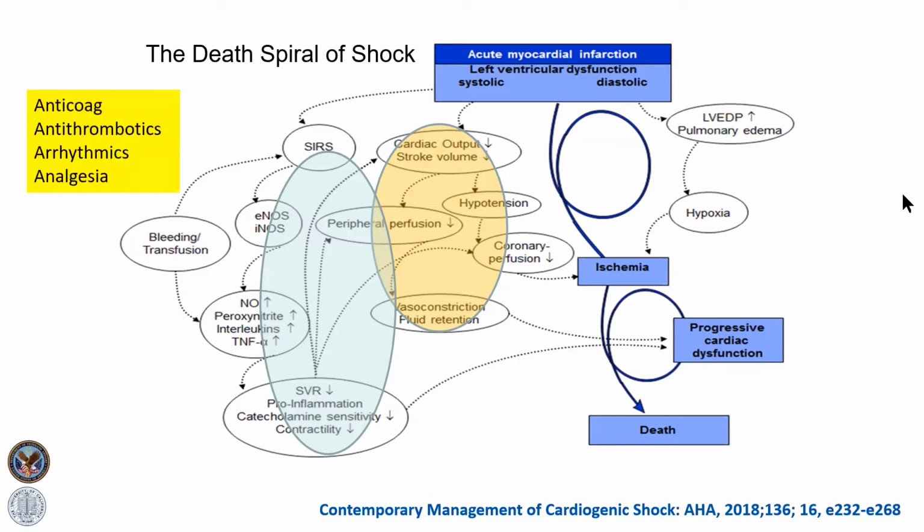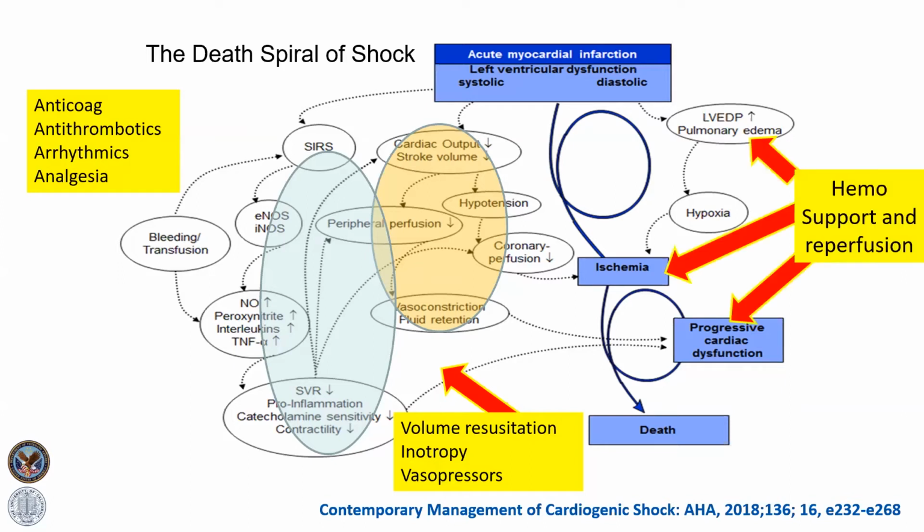pharmacologic treatment shown there in the upper left, but it further adds to our needs to provide volume resuscitation, inotropic support, vasopressors, and often we implement mechanical reperfusion and support of the circulation perhaps too late in this process. And hemodynamic support will address left ventricular end diastolic pressure elevation and hence pulmonary edema.